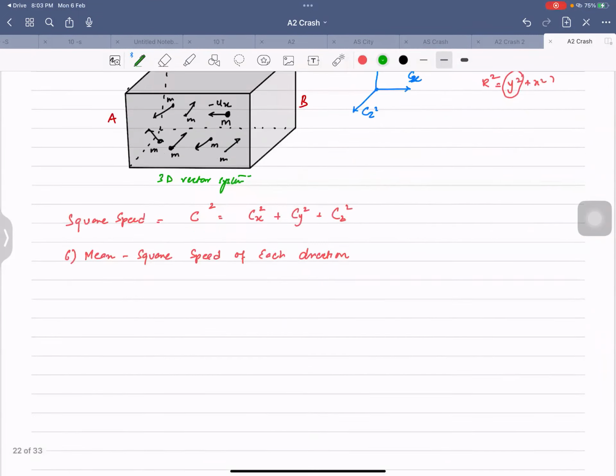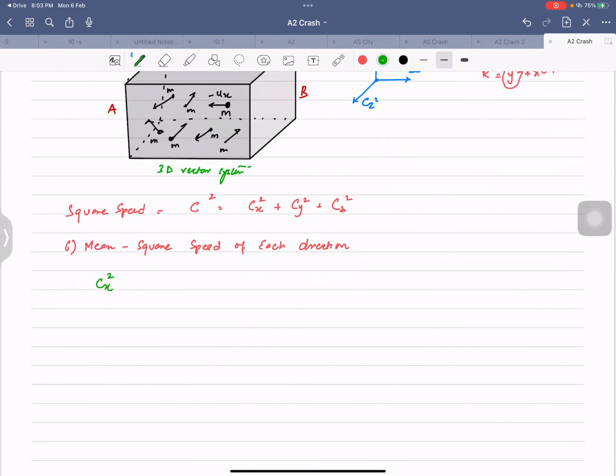The mean of x square for all the particles moving in the x direction would be the first particle, x1 square, and then I add the second particle's speed in the x dimension, the third particle's speed squared, and I will do it for n number of particles and divide by the number of particles that I have. This will give me the mean square speed of all particles in the x direction. Do you guys understand this?